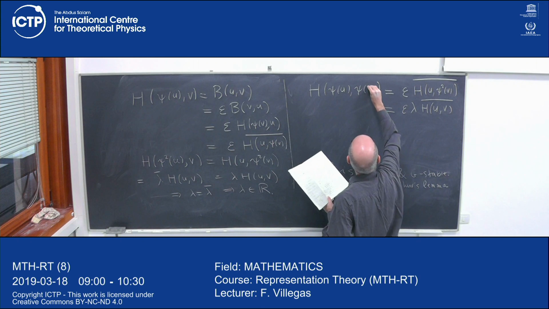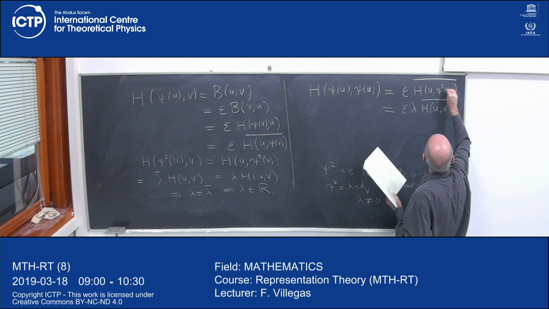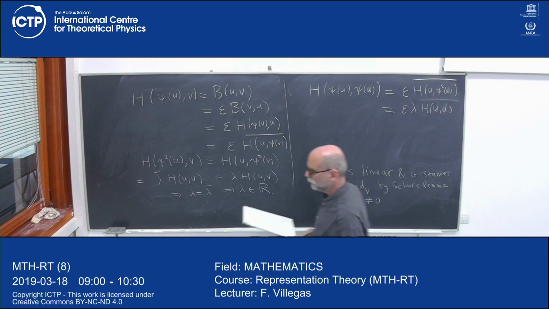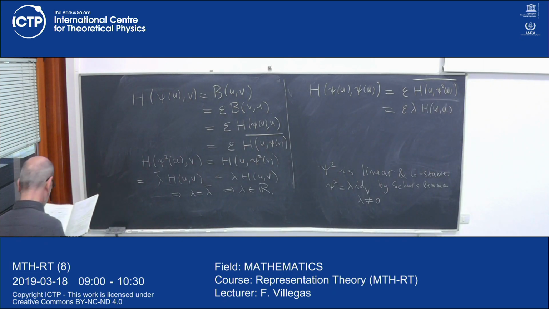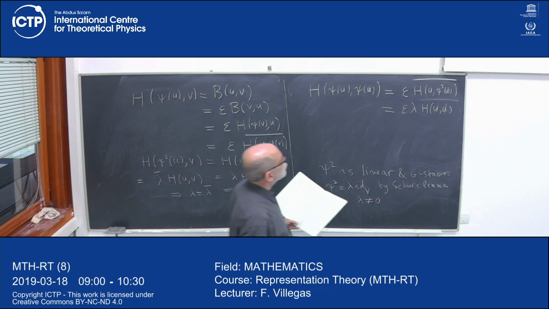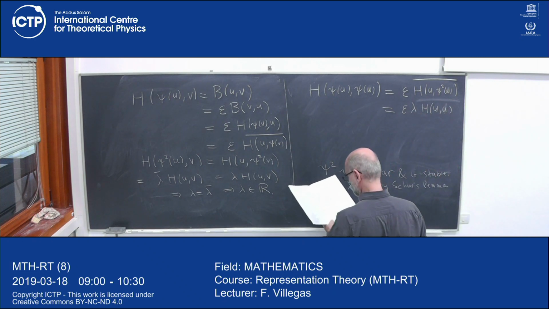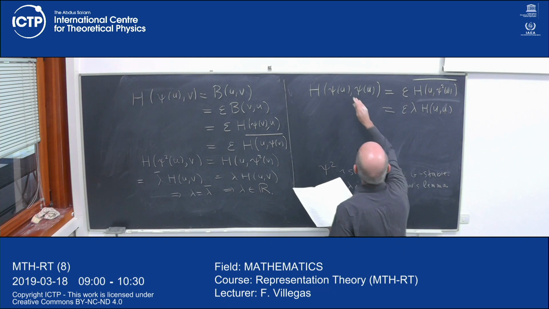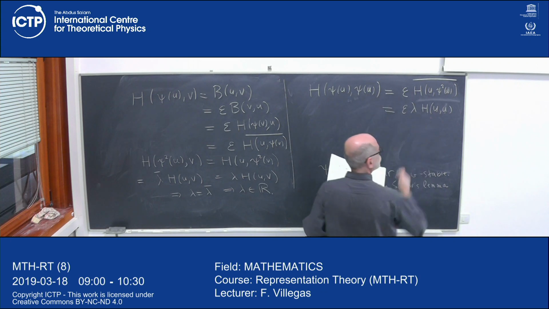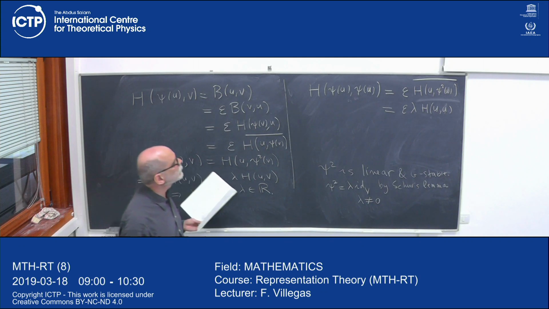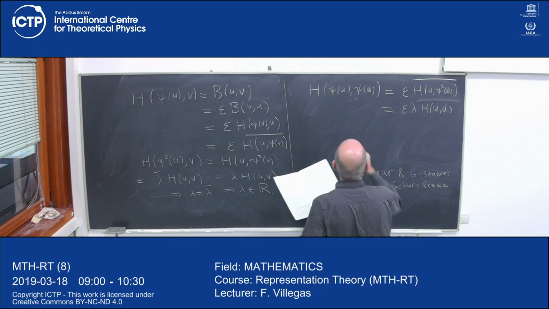Actually, I want to take this v to be u. h of u, u is a real number, so I don't need the conjugation. And both of these quantities, h of both sides, are positive if I take u a non-zero vector, since h is a non-degenerate inner product.